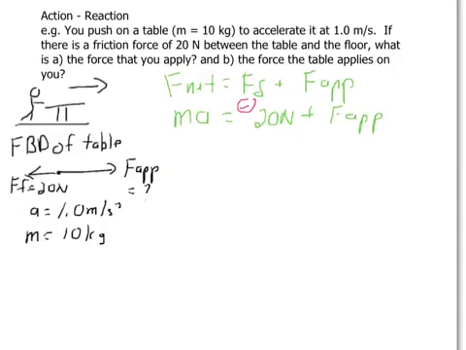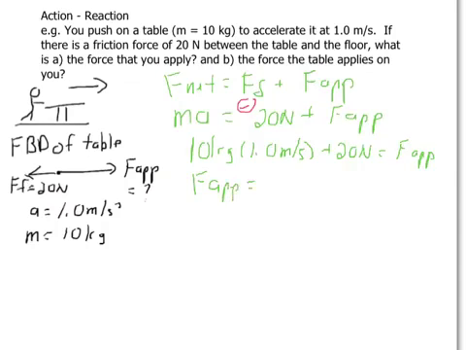So we have 10 kilograms for the mass times an acceleration of 1 meter per second squared. We're going to add 20 newtons to both sides. And on the right-hand side of the equation, we still have the applied force. Now we can do our math, and we know that our applied force is 30 newtons. And because it's positive, we know it's 30 newtons towards the right.